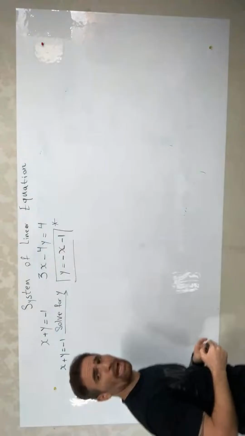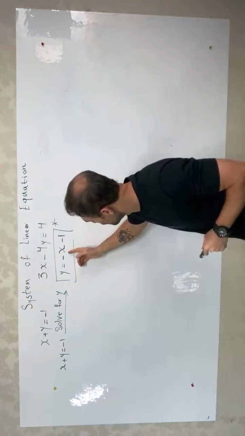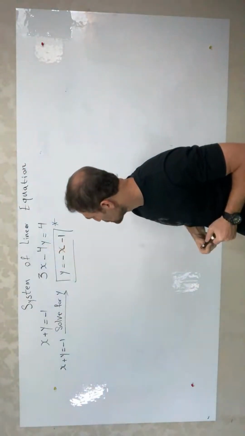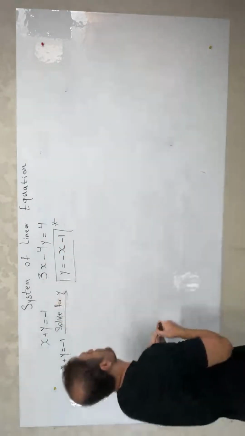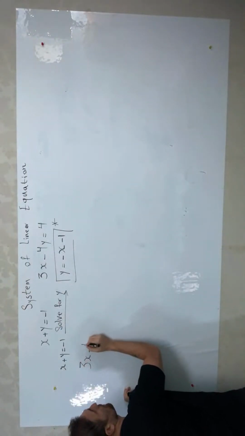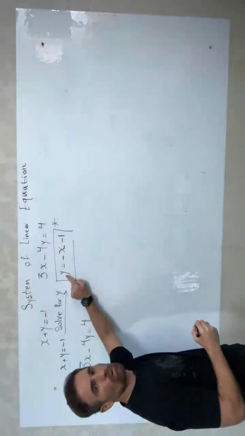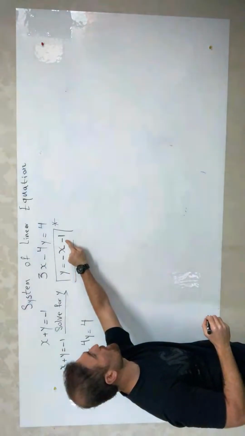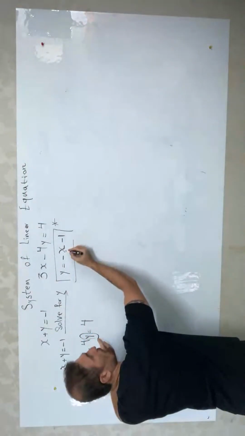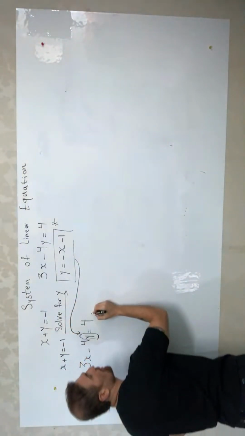Now, as step 2, we need to substitute the value of y into our next equation. Our next equation is 3x minus 4y equals 4. As you know, y is negative x minus 1, so I'm going to substitute negative x minus 1 here. Let's see what happens.